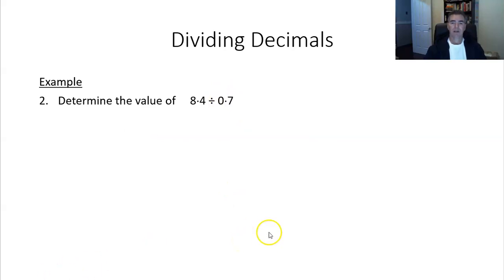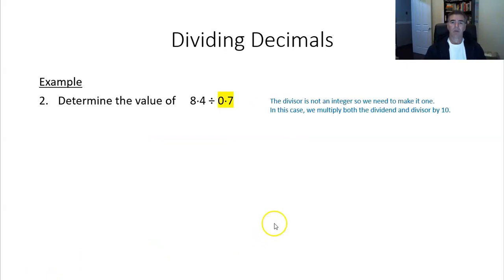So let's look at our second example, 8.4 divided by 0.7. You'll notice that our divisor this time, this 0.7, is not an integer, so we need to make it one. To make that an integer, there's one number after the decimal point, so that means we're going to multiply it by 10. If I had two numbers after the decimal point, then I would multiply it by 100. But I've got to do the same to the dividend as well.